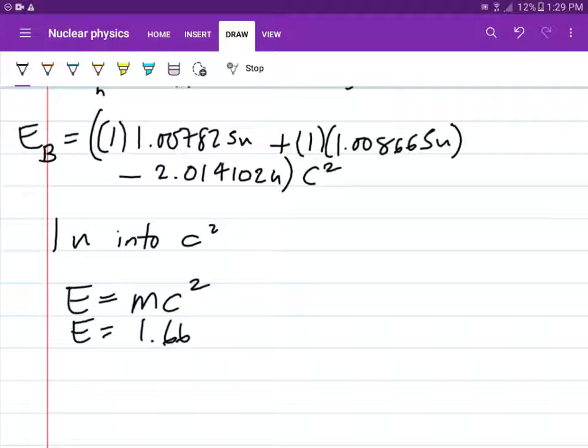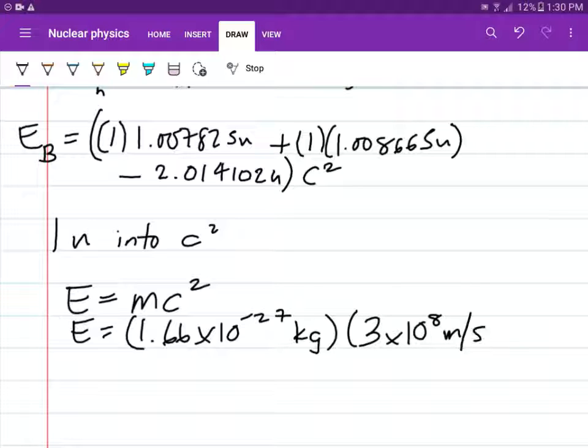1.66 times 10 to the minus 27 kilograms times c squared, which is 2.9, or let's just write it as 3 times 10 to the 8 meters per second, squared.